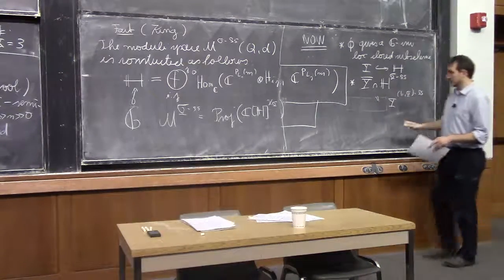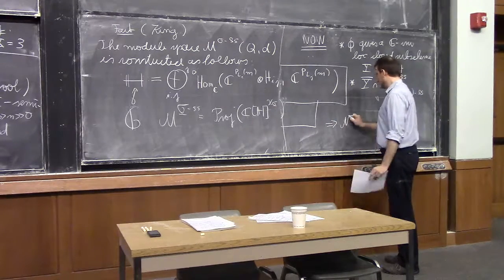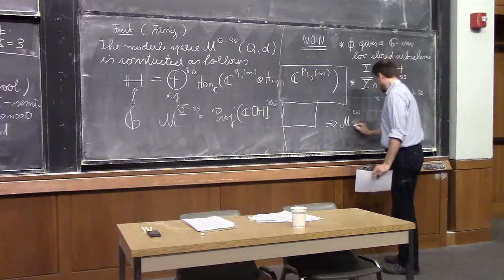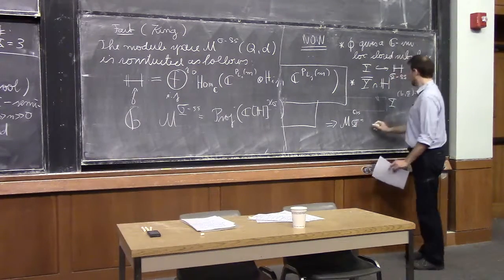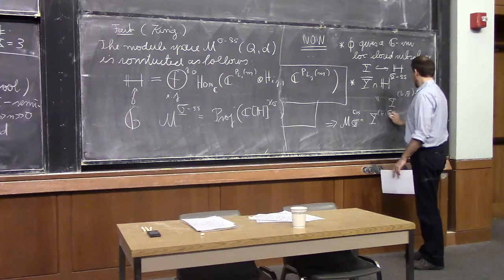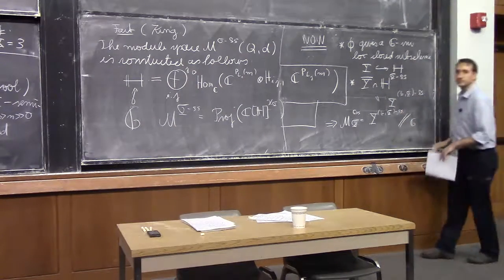And then the moduli space M^{G,ss}_sigma is just you take Y^{L,sigma} and you mod out by the group.